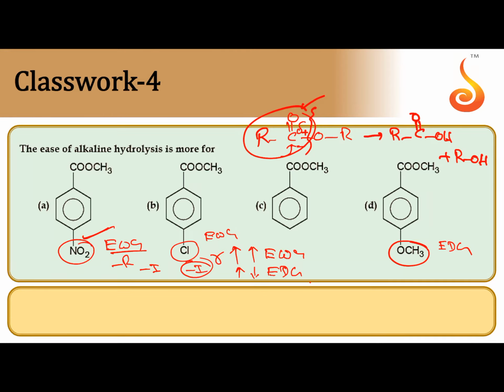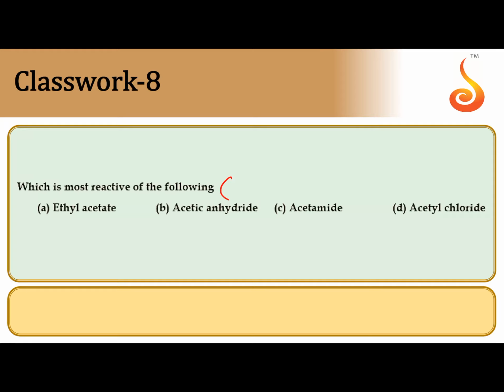Which is the most reactive among the following? Ethyl acetate, acetic anhydride, acetamide, acetyl chloride. Here, this is towards nucleophilic acyl substitution, or at least for hydrolysis you can take. COCl undergoes hydrolysis on its own, no need of any catalyst. Cl minus is easily substituted by OH. Here the leaving group is Cl minus. Cl minus is a very good leaving group because it is a weak base, since its conjugate acid HCl is a strong acid.